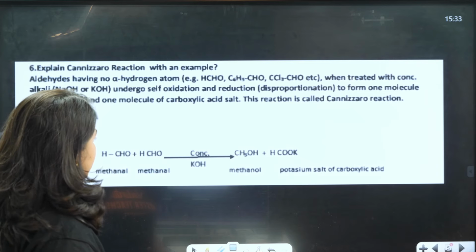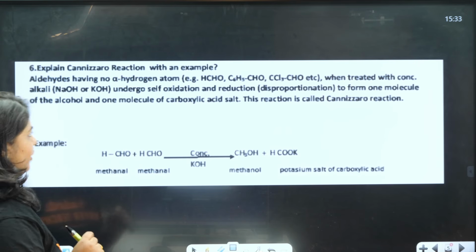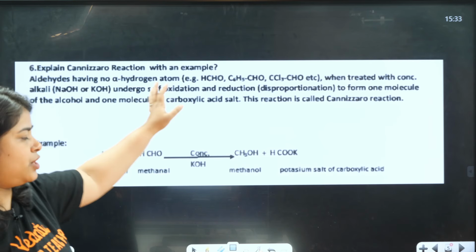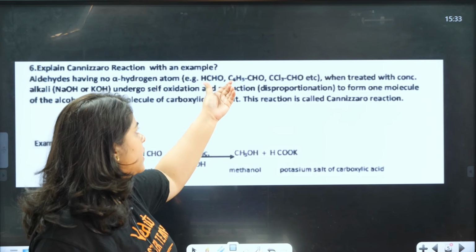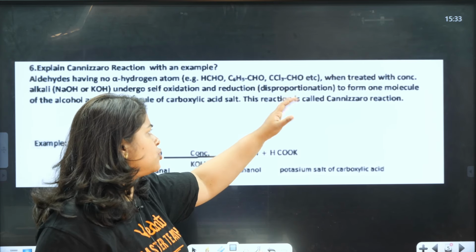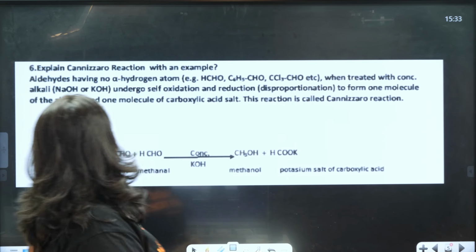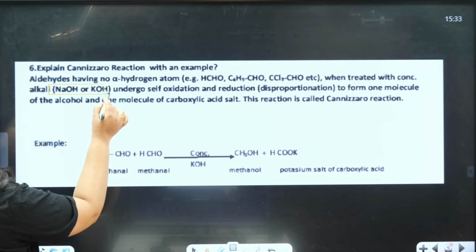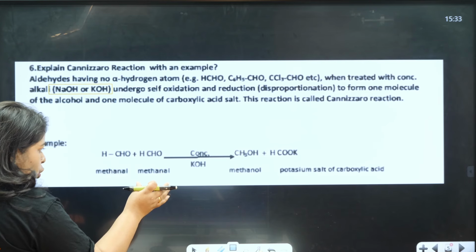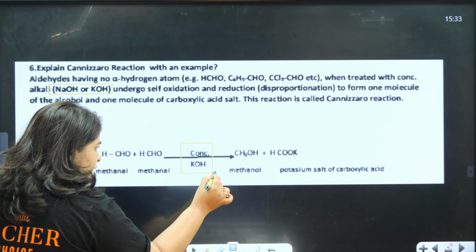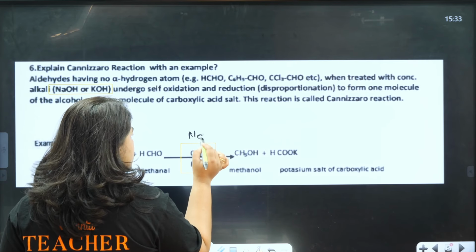Explain Cannizzaro's reaction with an example. This will come 100% sure. It will definitely come, and if it doesn't, you can come and tell me. So aldehydes having no alpha hydrogen atom, not all aldehydes have alpha hydrogen. For example, HCHO can be taken, C6H5CHO can be taken, or any other example which doesn't have an alpha hydrogen atom. Clear? When it is treated with concentrated alkali, that is NaOH or KOH, two molecules of the aldehyde react with concentrated KOH or NaOH.